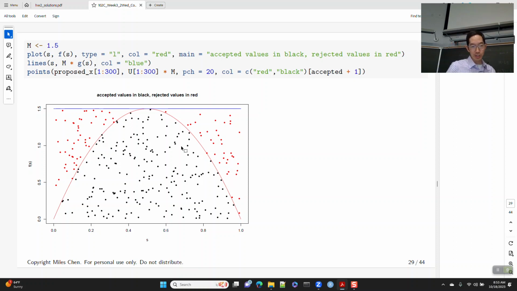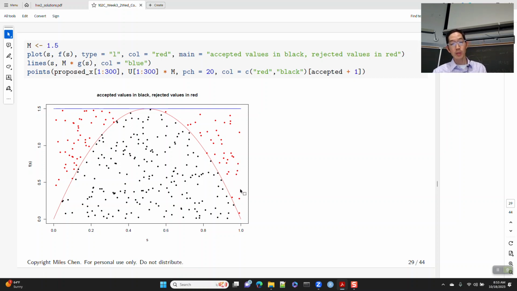Here's an illustration of the values that got accepted and rejected. Here I plotted U: if U was 1, it shows up at the top, and if U was 0, it shows up at the bottom. The x-axis is the value that was proposed using the uniform distribution. In this diagram, all values between 0 and 1 were proposed equally likely.